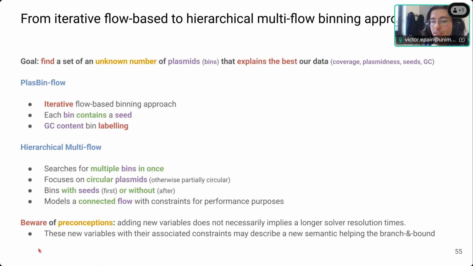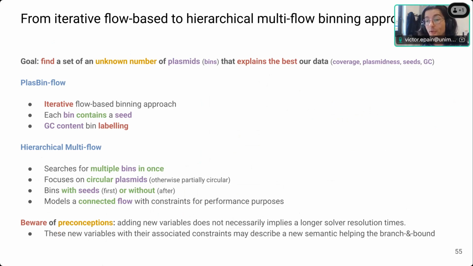I want to send a message to people using mixed integer linear programming. Beware of preconceptions. In general, adding new variables, adding new dimensions is really costly. And you can say, oh, I will not take the risk to do a better theoretical model because it will be too costly.